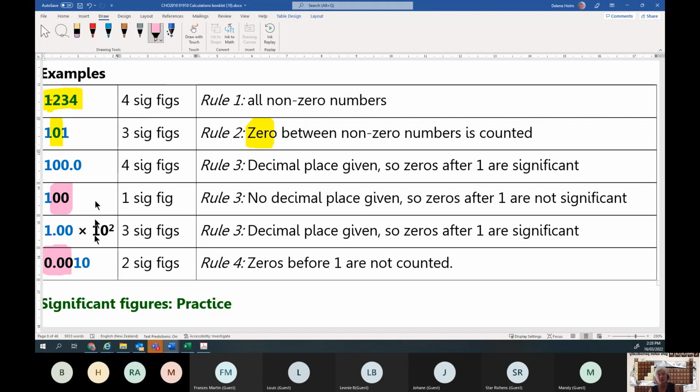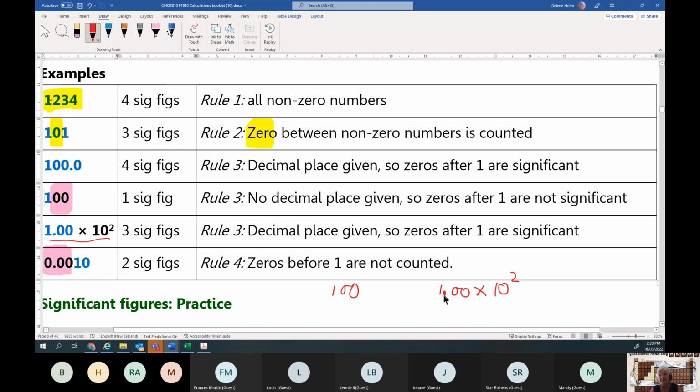So this can make things a little bit tricky, and that's why scientific notation was brought in, to make it very easy to see whether numbers were significant. Because did I mean 100 exactly, or did I mean it was approximately 100? That's why we have what we call scientific notation. There's a difference between saying 100 or saying 1.00 times 10 to the 2.